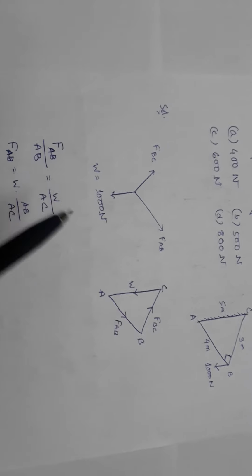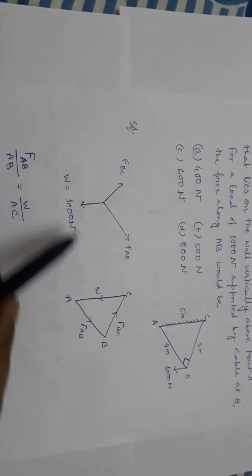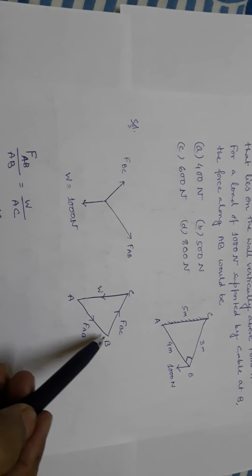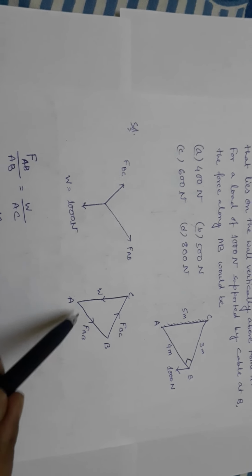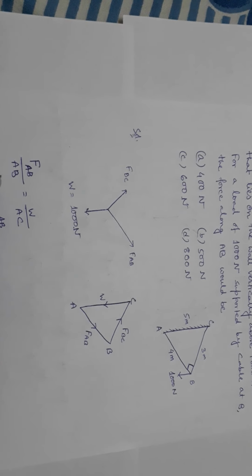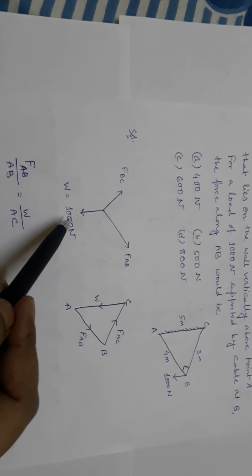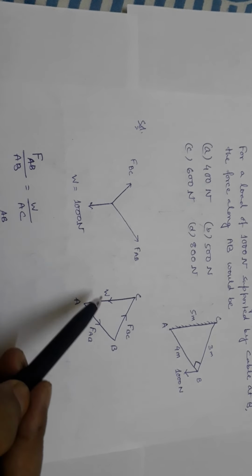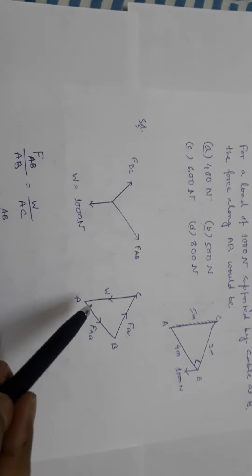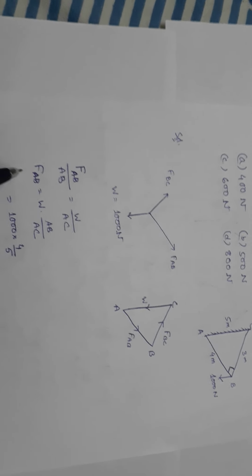What is FAB? FAB by AB, this is the AB and this is FAB, equal to W by AC, this is the W and this is AC.